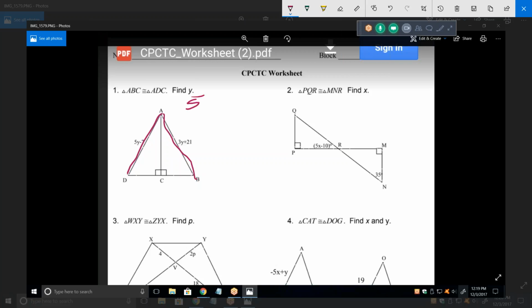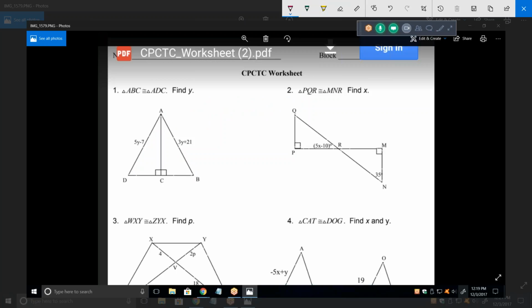So 5y minus 7 equals 3y plus 21. Solve that real quick, step by step. Add 7 to the right side, on 21 it's 28, and then subtract 3 from 5, that's 2y, so 2y equals 28. That is like 14. Okay.